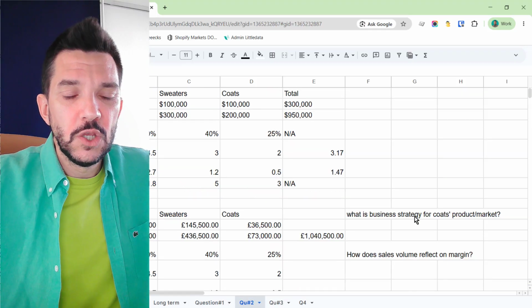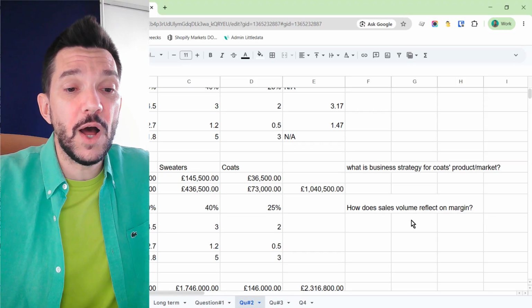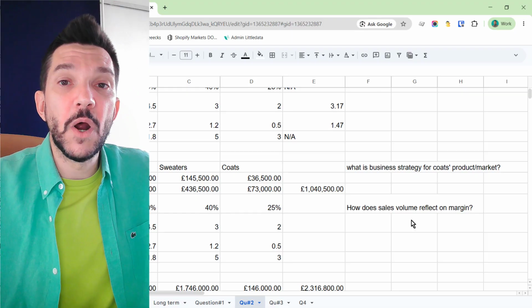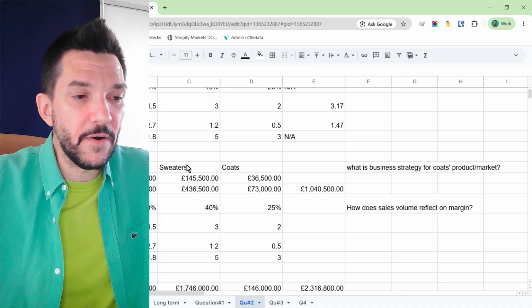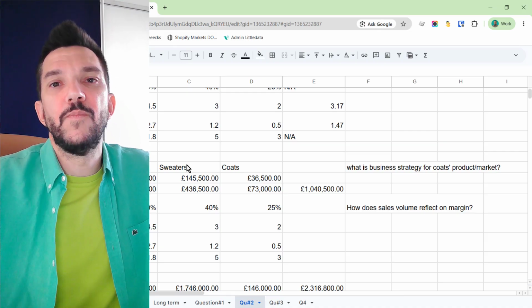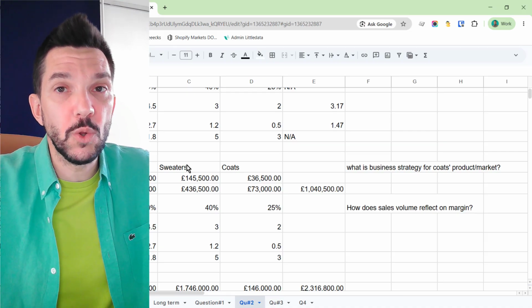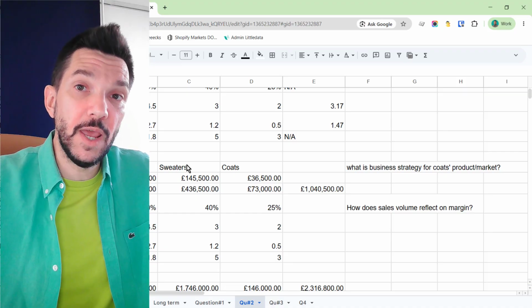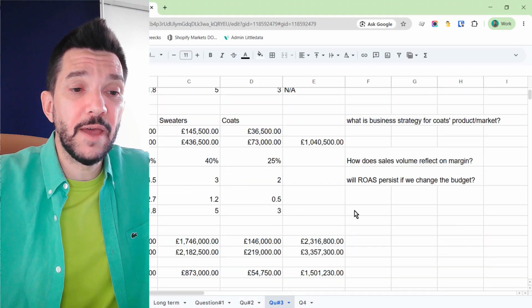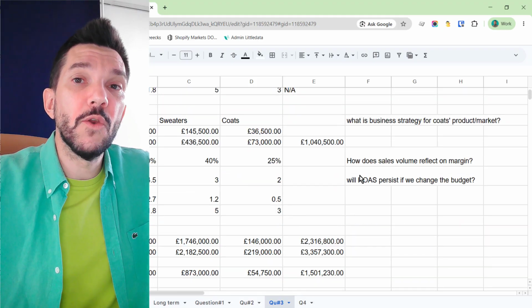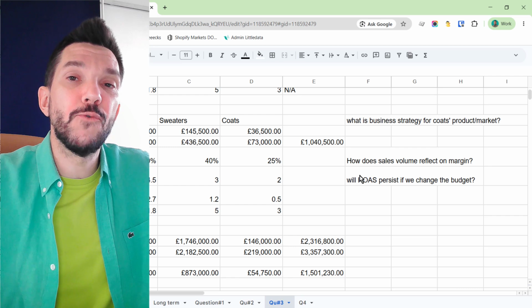And not only that, you're also going to ask, how does sales volume reflect on margins? So if you push everything into sweaters, the cost of goods sold may vary based on the volumes. Another question that I found interesting is, will return on ad spend persist if we change the budget?